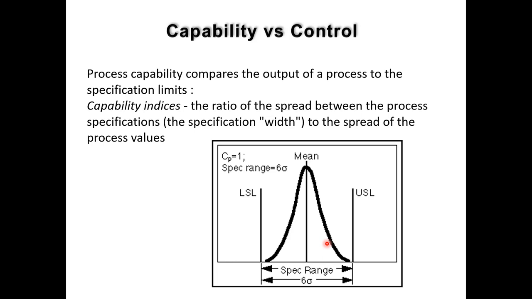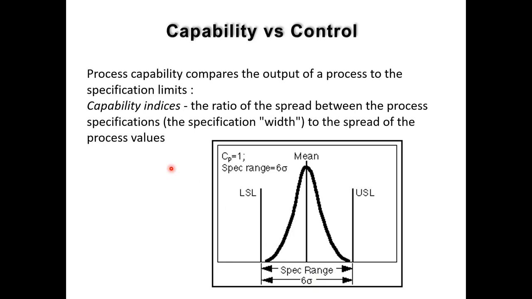So the formula is simply the difference between the upper and lower specification limits divided by 6 sigma, or 6 times the standard deviation. The 6 here is related to the concept of six sigma. The standard deviation here is the value that comes from process data.